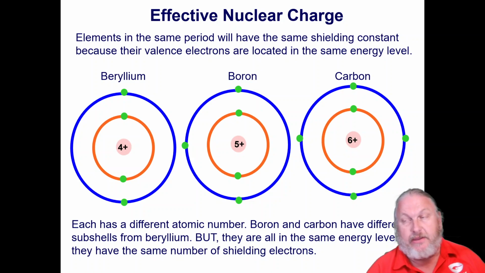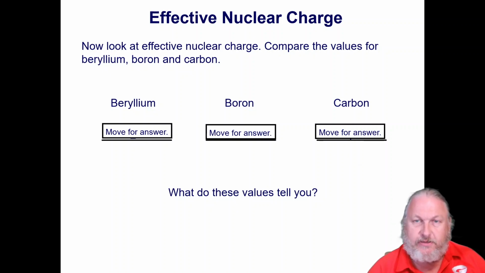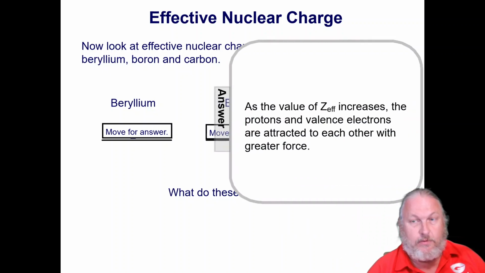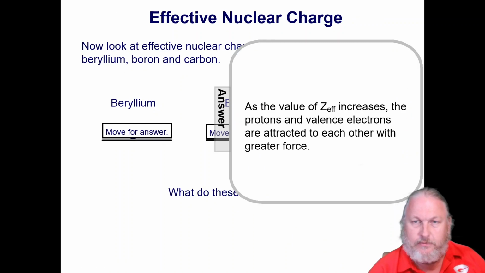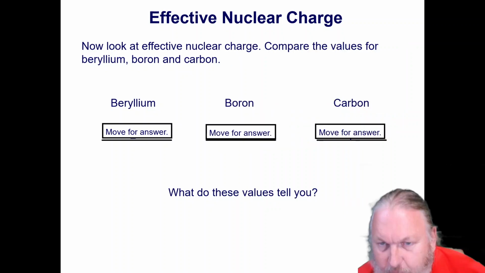So let's calculate the Zeff of these. Now let's look at the effective nuclear charge. For beryllium, the Zeff is Z minus S. Well, we know that S is the same for all of them. So the Z for beryllium is 4. I'll just write on it and we'll do it.